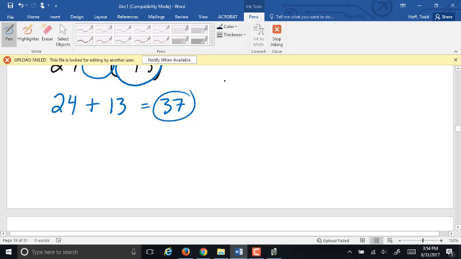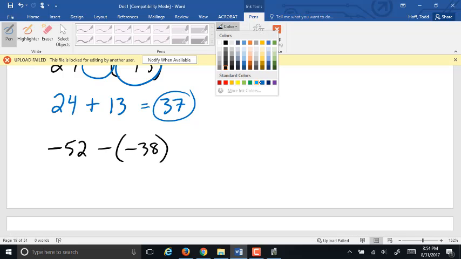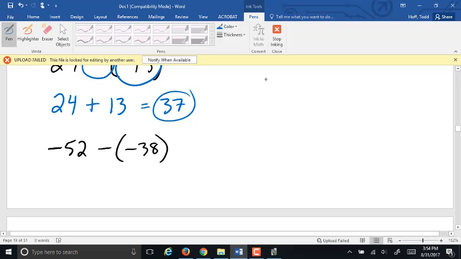Or we might have negative 52 minus a negative 38. What's that equivalent to? Negative 52, somebody give me the rest of it. Plus, yeah, and the opposite of negative 38 is a positive 38.